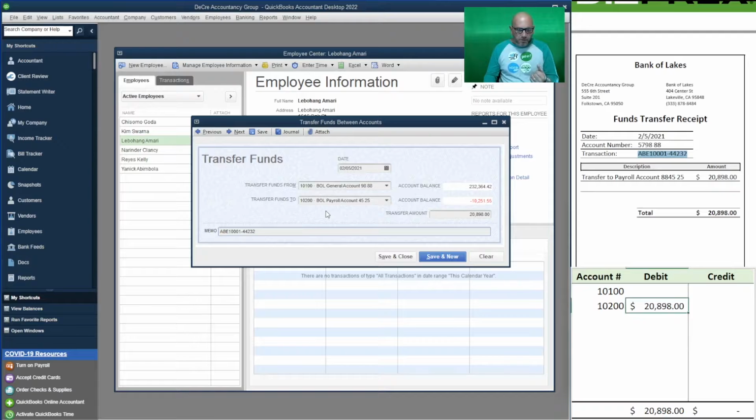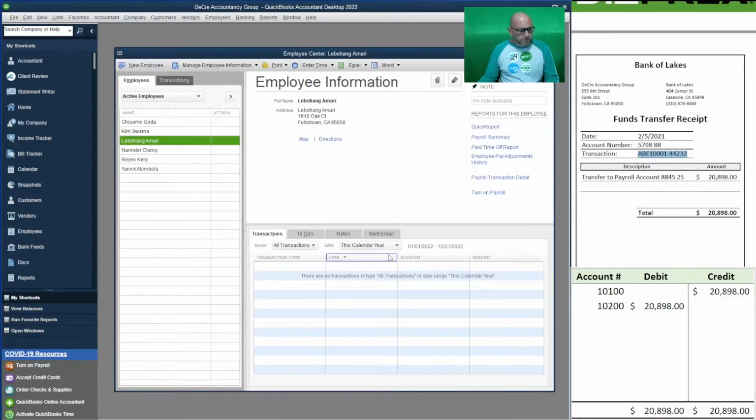It is going up, thus it is debited. It is coming out of our general account, thus it has to be credited. So this amount is a debit to account 10,200, and a credit to account 10,100. Okay, save and close.